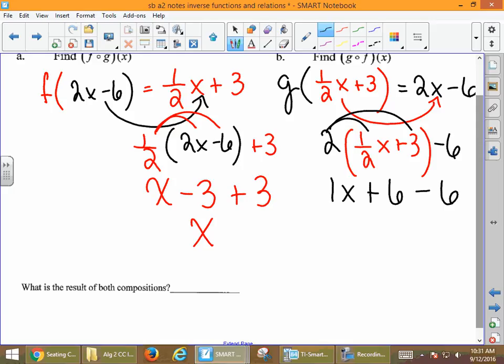So when we combine like terms here, the 6 minus 6 cancels out, and we're left with 1x, which is the same thing as x. And again, what is the result of both of our compositions? Well, we ended up with x both times.